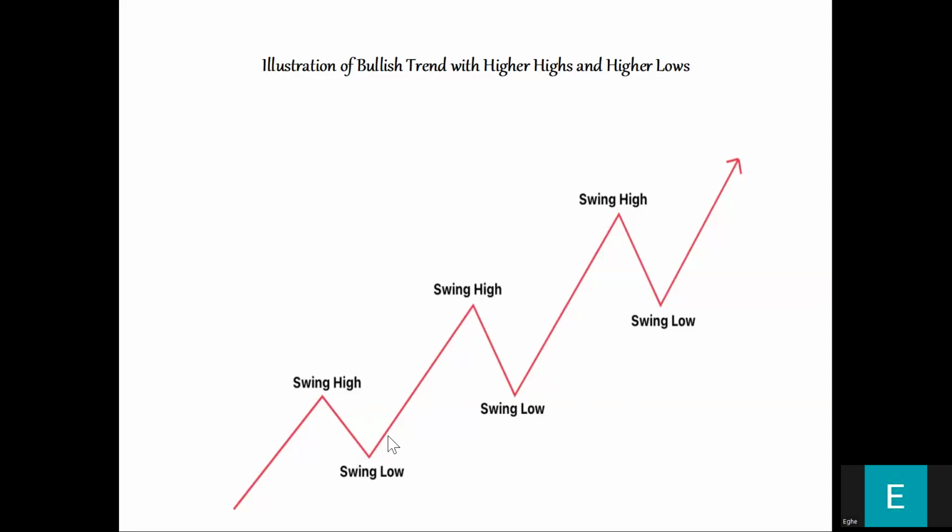You now use your Fibonacci retracement to plot it from here to this high and drag it. You are waiting for price to come back to that line, to retest that line, then you enter. That is how to trade.